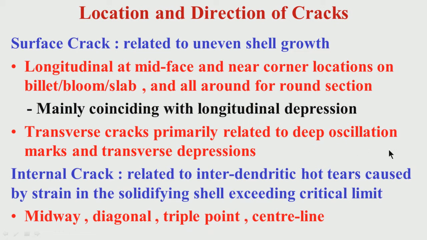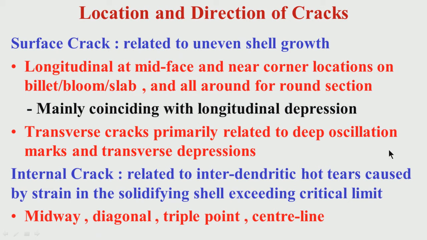If the oscillation marks are shallow, it is not called a defect, because what is going to happen to that cast product? This will be heated, normally put in the reheating furnaces before rolling.